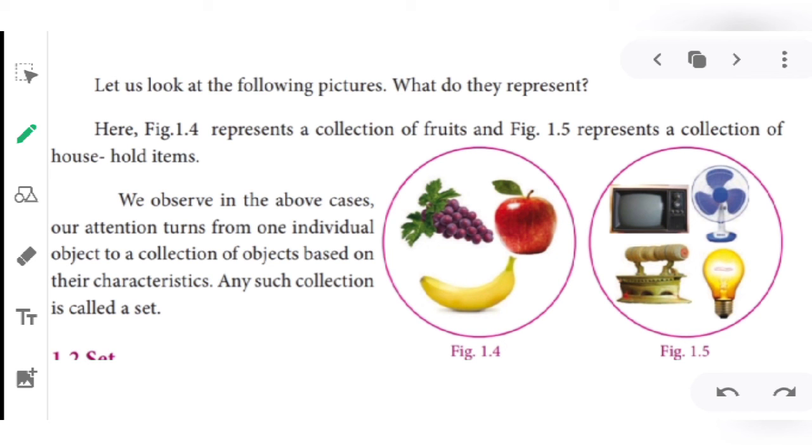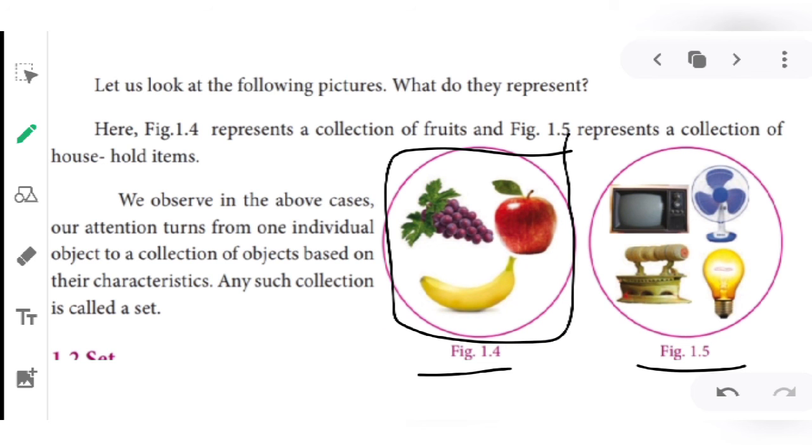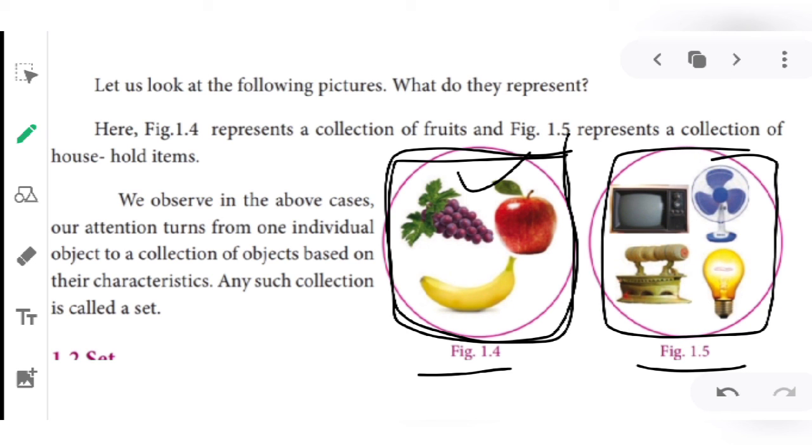So in your book, you are given these two pictures which represent how to make a collection. The collection is made by its characteristics. These are collections which have the same characteristics, which is that they are fruits, and these are collections which have the same category, which is electronic things or household things.